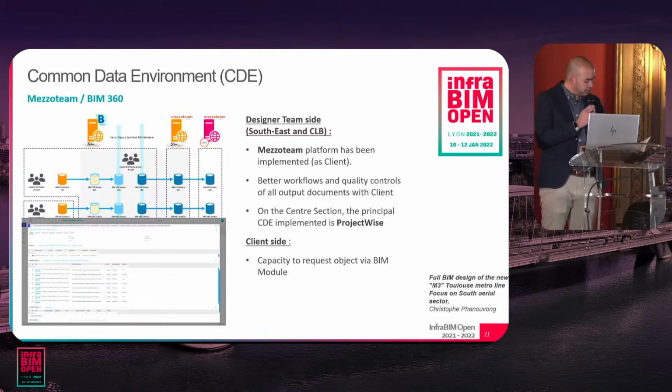The coordination work and the different compilation that we have on the model was completely realized in the cloud, never on our private server, and that was very useful during the lockdown and during the different smart working sessions that we had the last times.